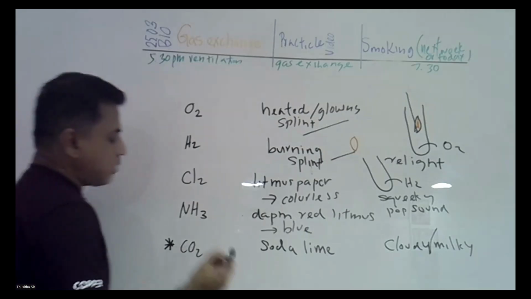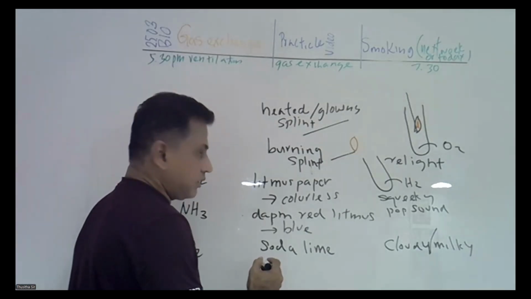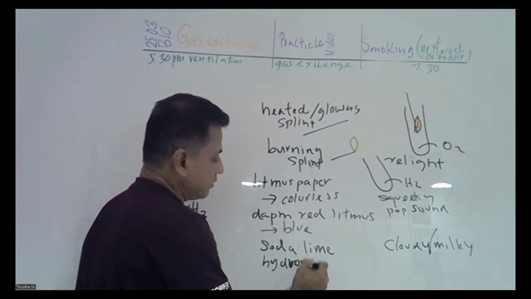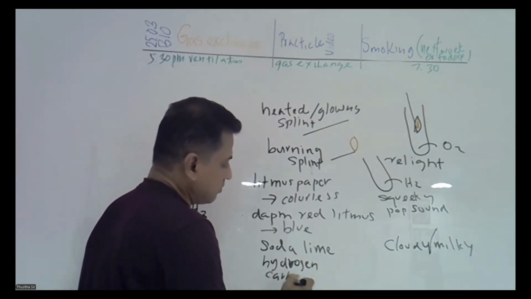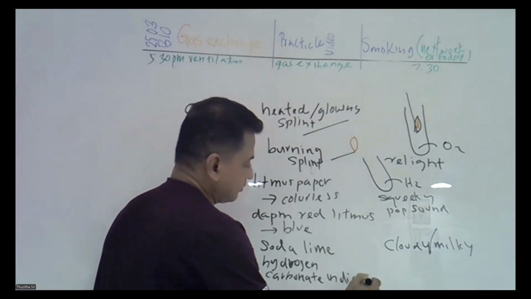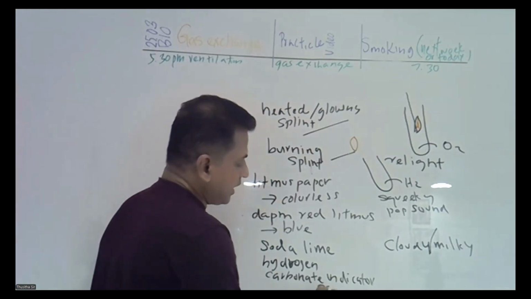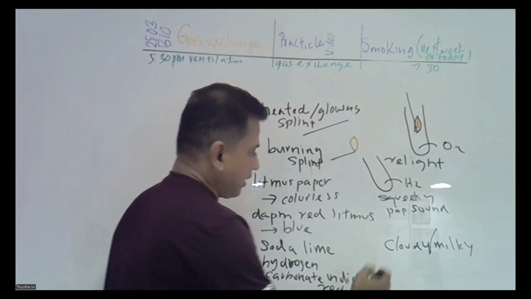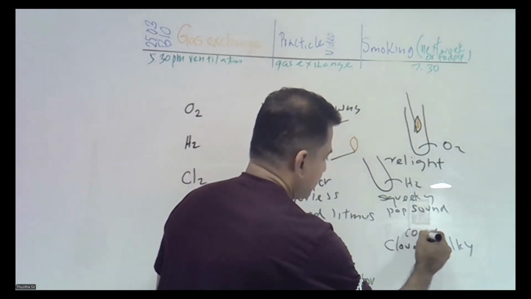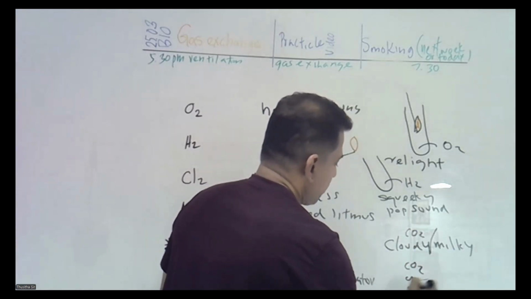The other test for carbon dioxide is hydrogen carbonate indicator. The hydrogen carbonate indicator is red or orange. If carbon dioxide is there, then it becomes a yellow color.